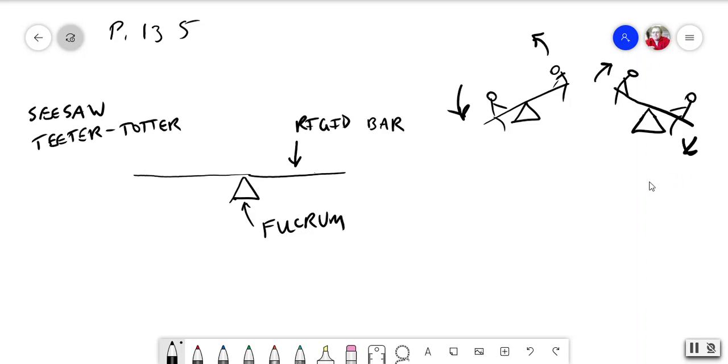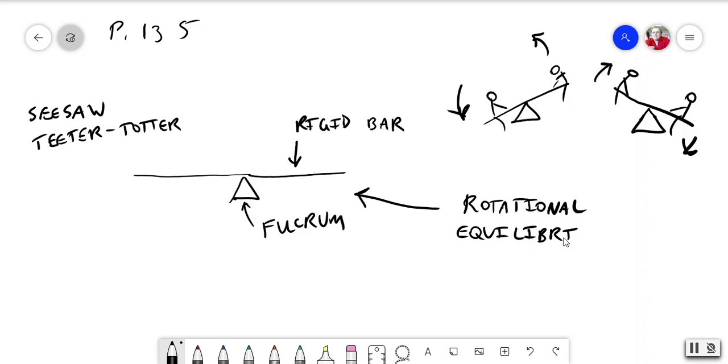Okay, so this guy over here, where there are no kids on it, and there's no forces on it, and it's totally balanced, we call that a fancy word: rotational equilibrium. Rotation just means to go around in circles. That's all rotation means.